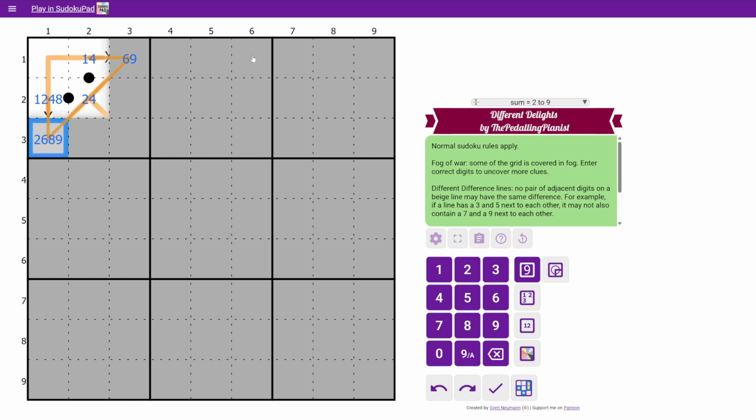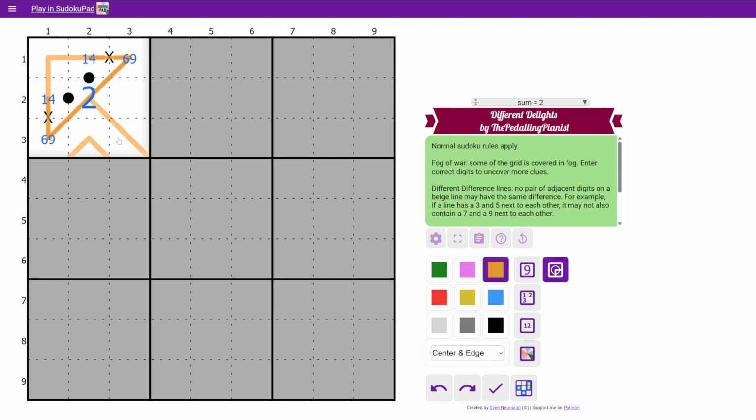Right. It's not going to be 8, 2. So we made a bunch of pairs there. So this is a 2, because this can only be a 1, 4. This has to be a 1, 4. So this has to be a 2. Okay, and we get our first uncovering there.